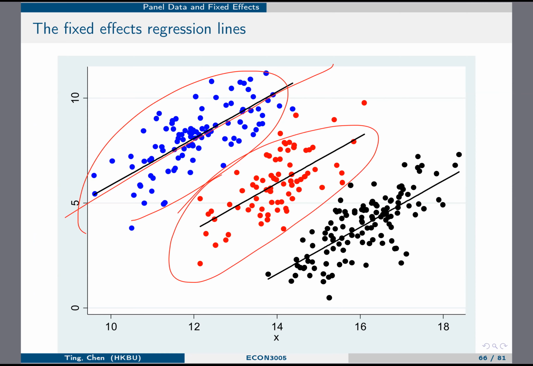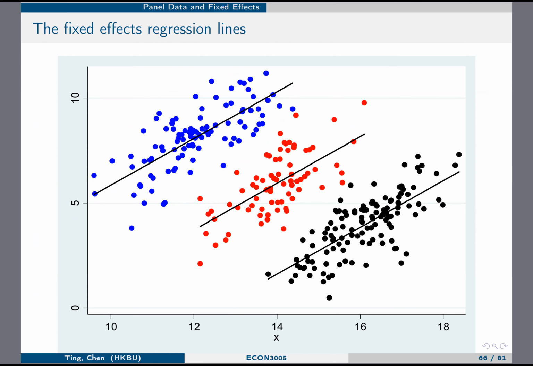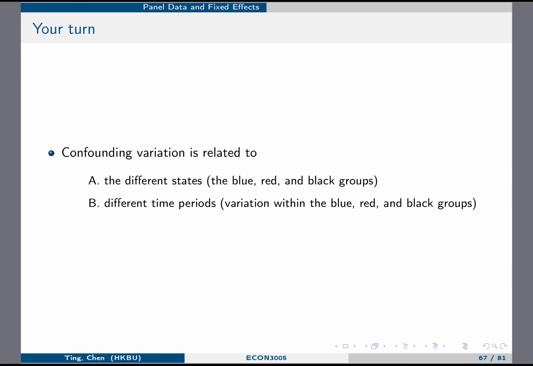For the red state, the same. For the black state, the same. This is how we got the fixed effect regression line. So by comparing these two graphs, the pooled and the fixed effect regression lines, the confounding variation is actually related to different states.